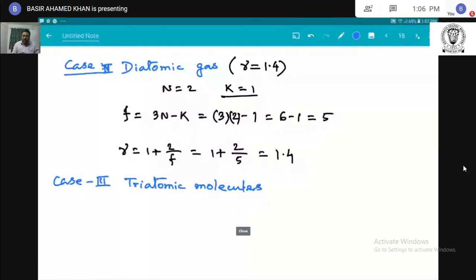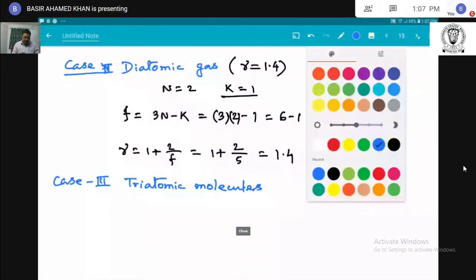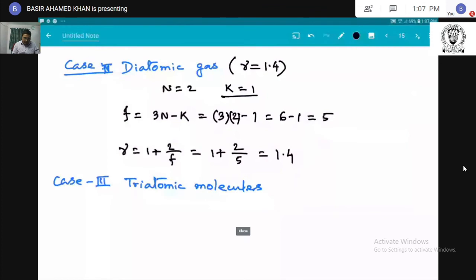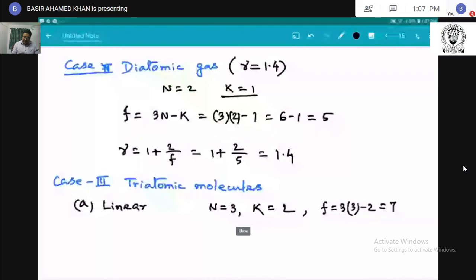Here, for a linear triatomic molecule, n equals 3 and k equals 2. That means F equals 3n minus k, that means 7.